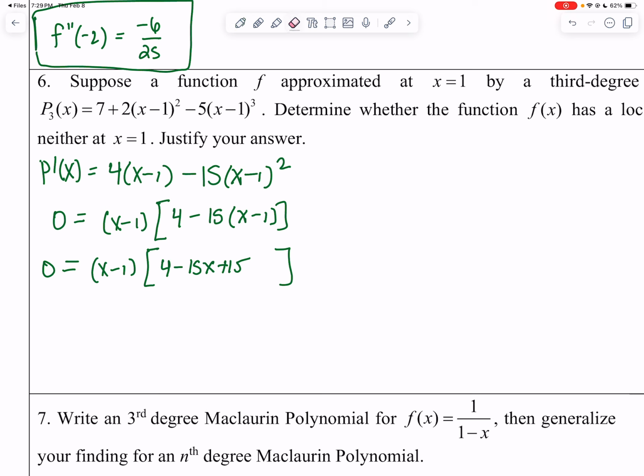That's 19. So I have 19 minus 15x, which means that I have a critical point at 1 and a critical point at 19 over 15, which is kind of a little bit greater than 1.